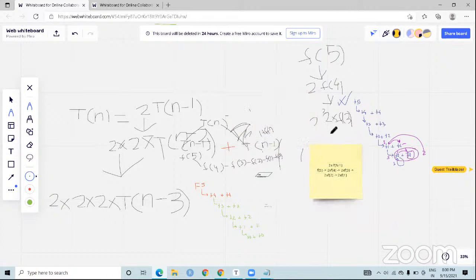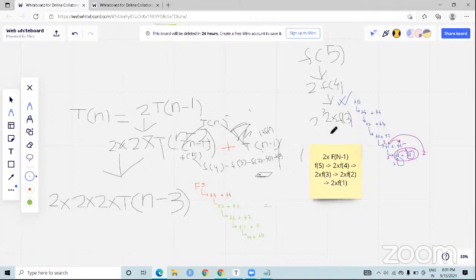Then suppose f0 is equal to 1, right? So then it will calculate 2 to the power 2 f3, then 2 to the power 3 f2, then 2 to the power 4 f1, then 2 to the power 5 f0.